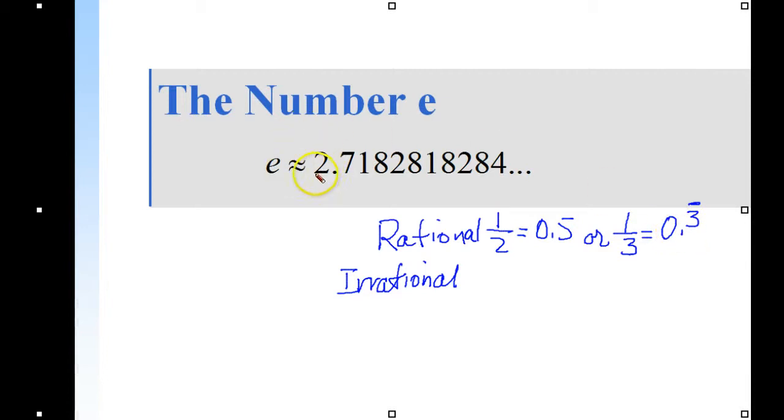Now, if you get a number where there is no fixed pattern, and it doesn't terminate, it just goes on, we consider that an irrational number. That's why the value for the natural logarithm base e is considered irrational.